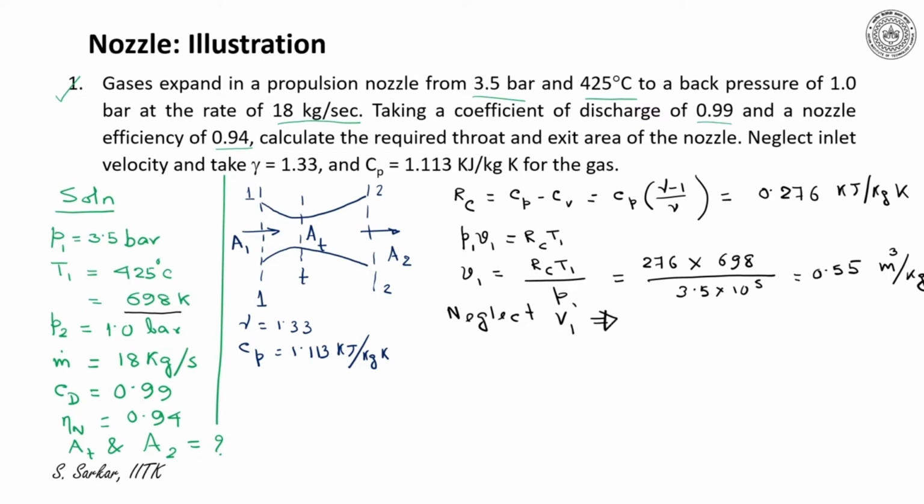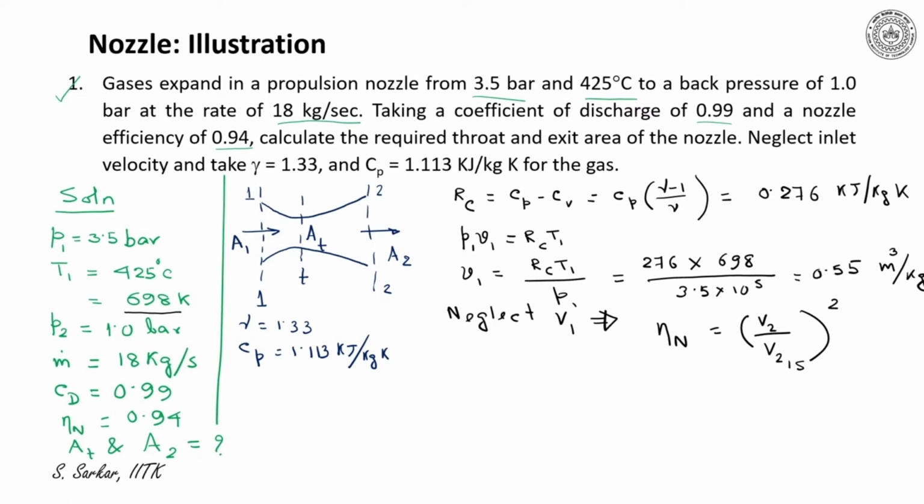I'll get eta n, that is nozzle efficiency, is equal to V2 by V2 isentropic exit velocity whole to the power square, where V2 is the actual exit velocity at section 2 and V2 isentropic is the isentropic exit velocity.